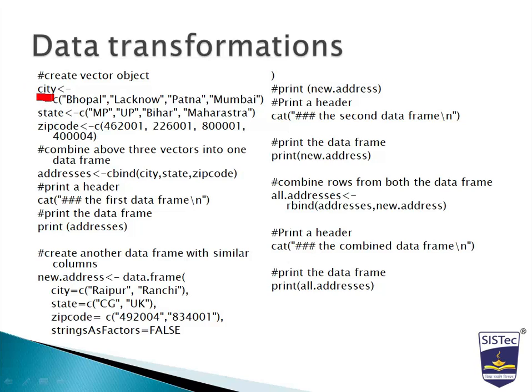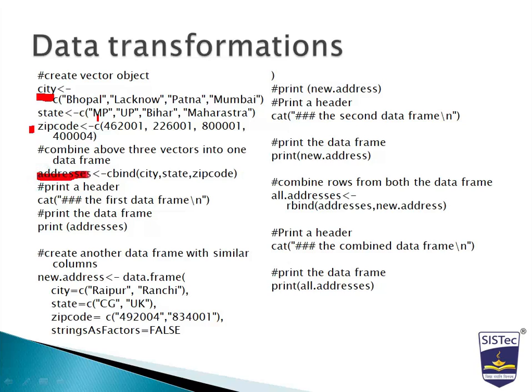In city we can store four cities: Bhopal, Lucknow, Patna and Mumbai. And for state, we put their respective states, with the third vector being zip code. Although we use pin code, we put the pin code value in a zip code. Then we can combine this into a data frame.